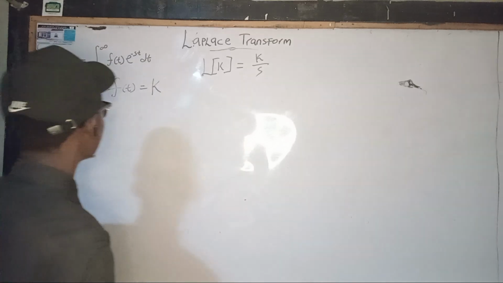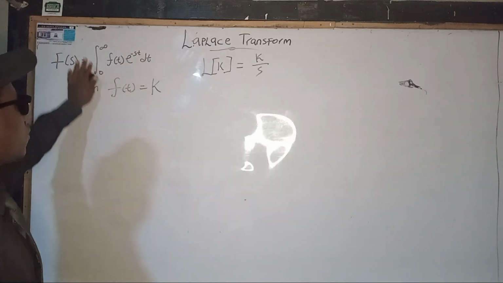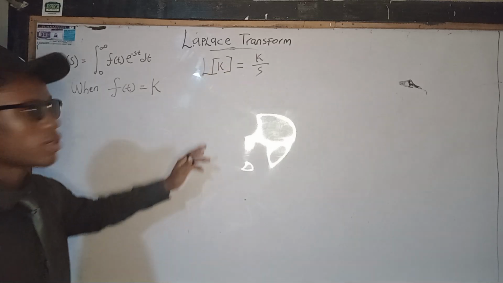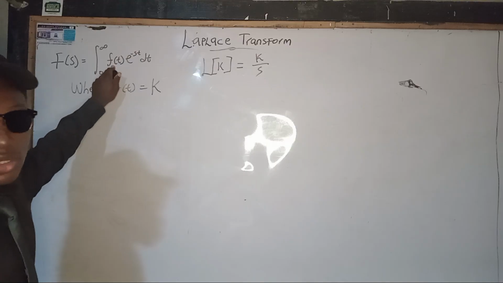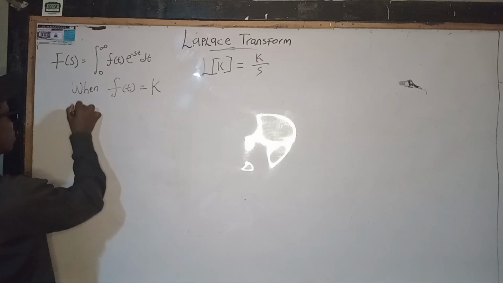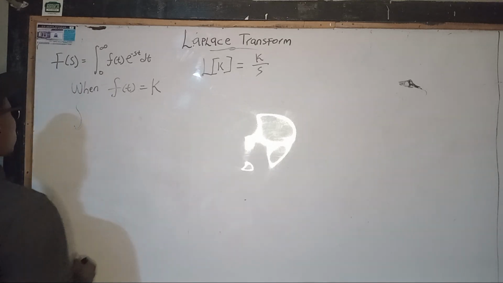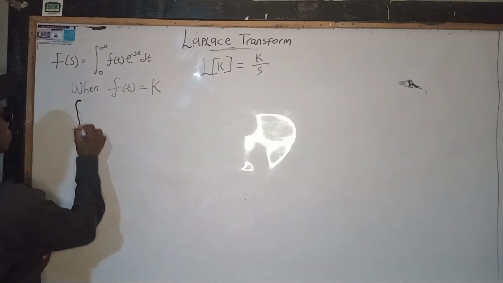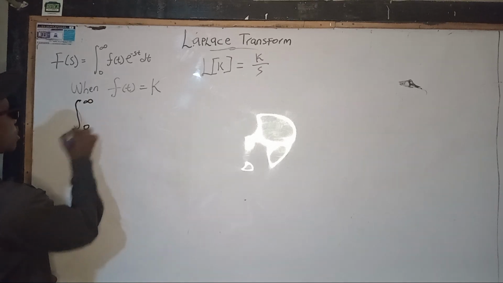Stick with me. So now, this is the basic form of the Laplace transform here. What you just have to do is, k here is the function of time, so we just input the function of time into this equation right here. So we just do integration from infinity to zero.